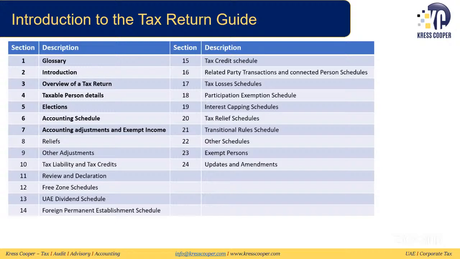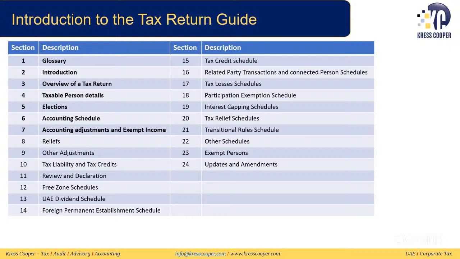If you are receiving any dividend from a resident person or non-resident juridical person, then you have to fill some schedules. For foreign permanent establishment, schedules are there. For availing any tax credit, there's a schedule. Then if you have any adjustments required for related party transactions or connected persons, to bring them to arm's length, those schedules are there.